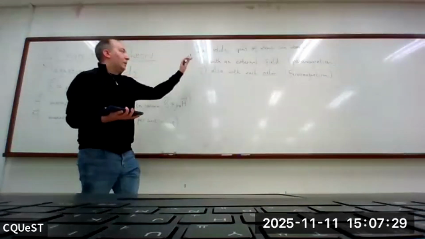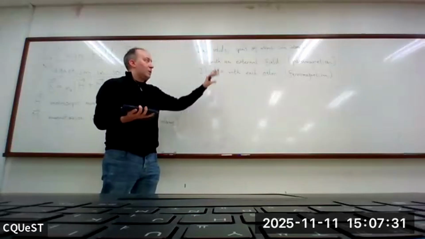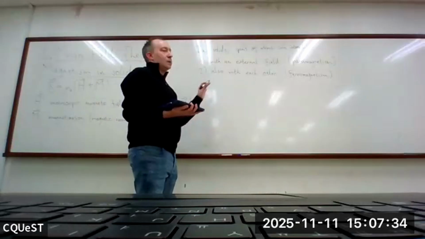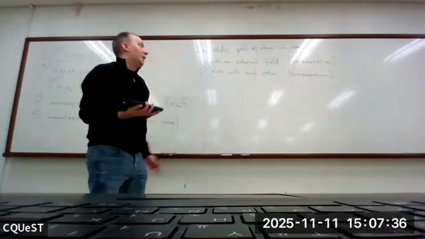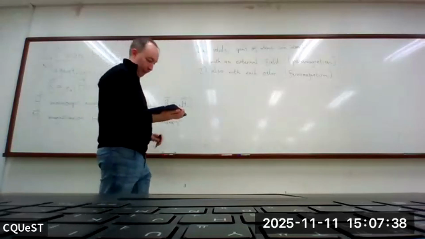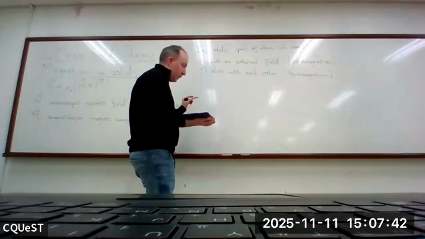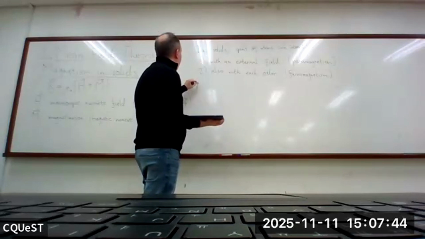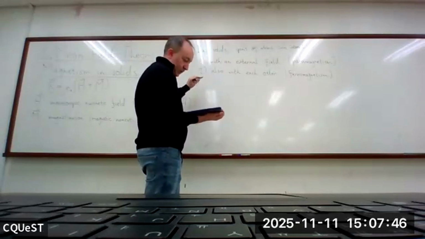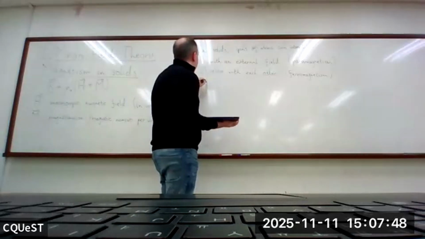Of course, there can be all kinds of interactions in general, but what we're concerned about is what interactions dominate in any given situation. So first, let me review some facts about paramagnetism.